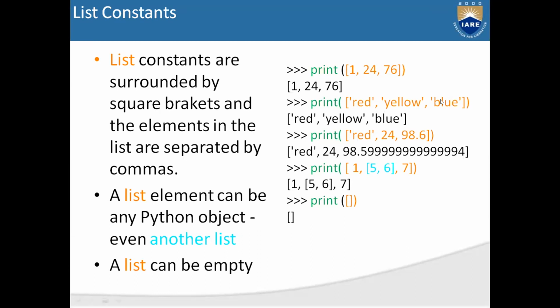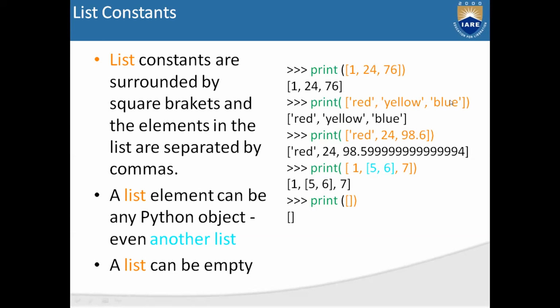List within list. You observe here, various kinds of things are given. Print 12, 4, 7, 6 enclosed within square brackets. This list of elements is treated as a single object. Even though multiple values are there, it is treated as a single object. That's why it is printed like this.